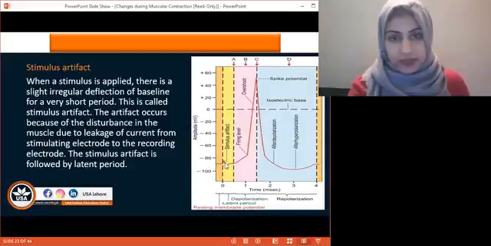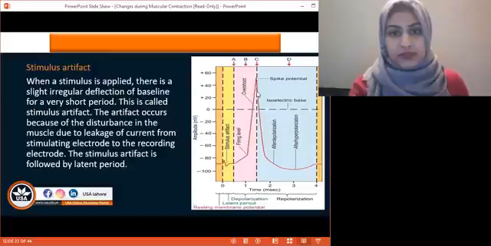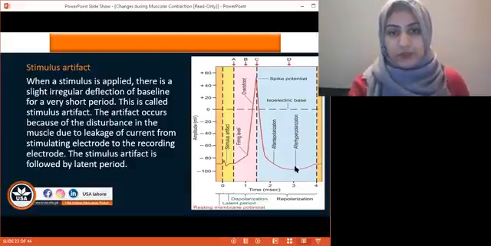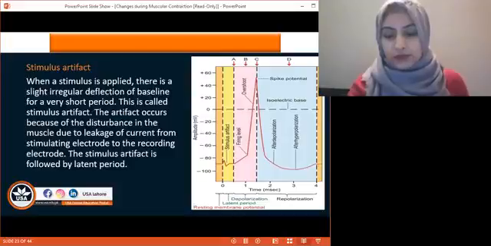And from here, this is the stimulus artifact, which we will be discussing. Then this is the firing level. Then this is depolarization. Over here is the overshoot. This is the spike potential. Now the muscle is relaxing. This is after-depolarization. This is after-hyperpolarization. So we will be discussing all these terms one by one.